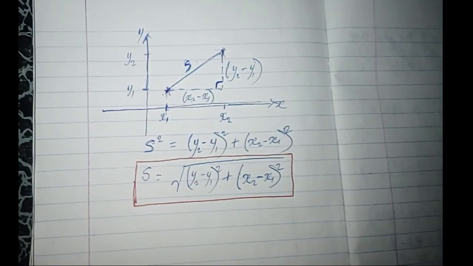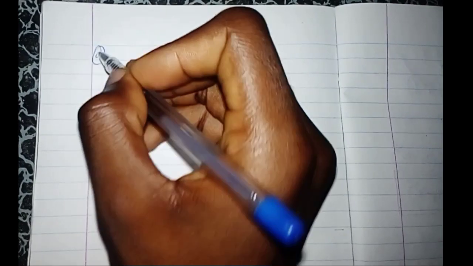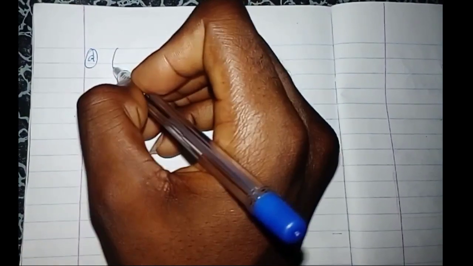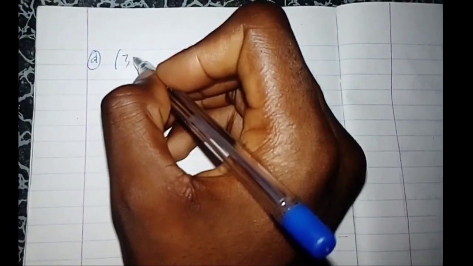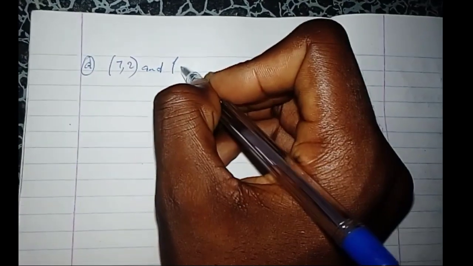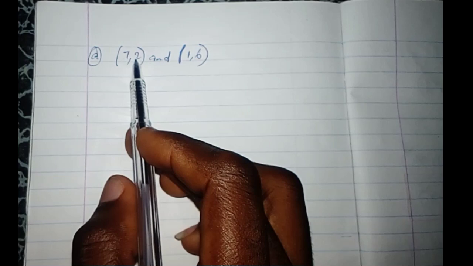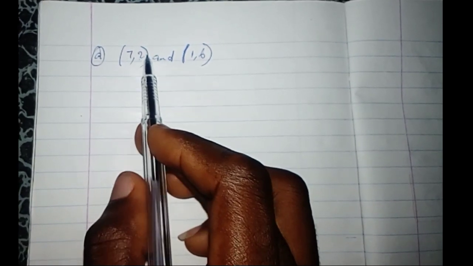Okay, the question says, for the first one, let's call it A: find the distance between these 2 points, the first point 7, 2, and the second point 1, 6. You should know that a point is made up of the x and the y axis simultaneously, where this is the x axis and this is the y axis, and this makes a point, and also this makes a point.